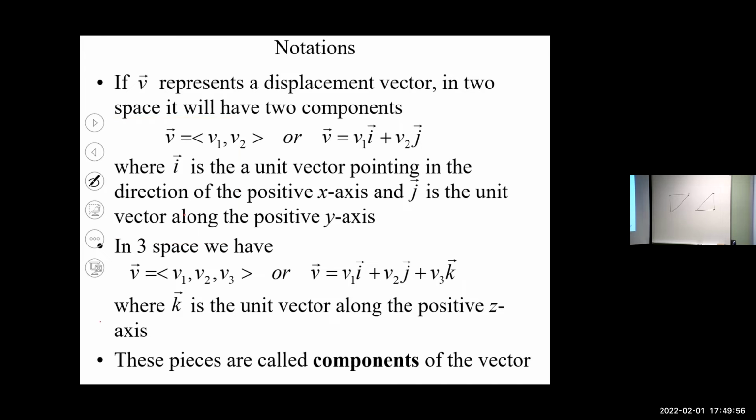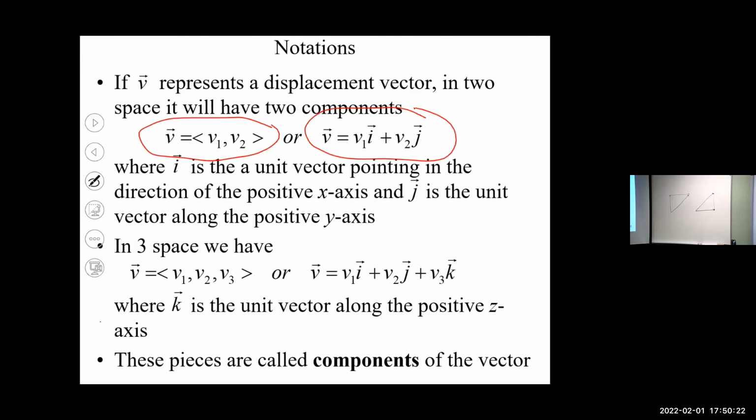So in 2D, a vector has two components like we were just seeing. This is typically how I like to write vectors, with the angled brackets v1, v2. This is 100% the exact same vector right here.